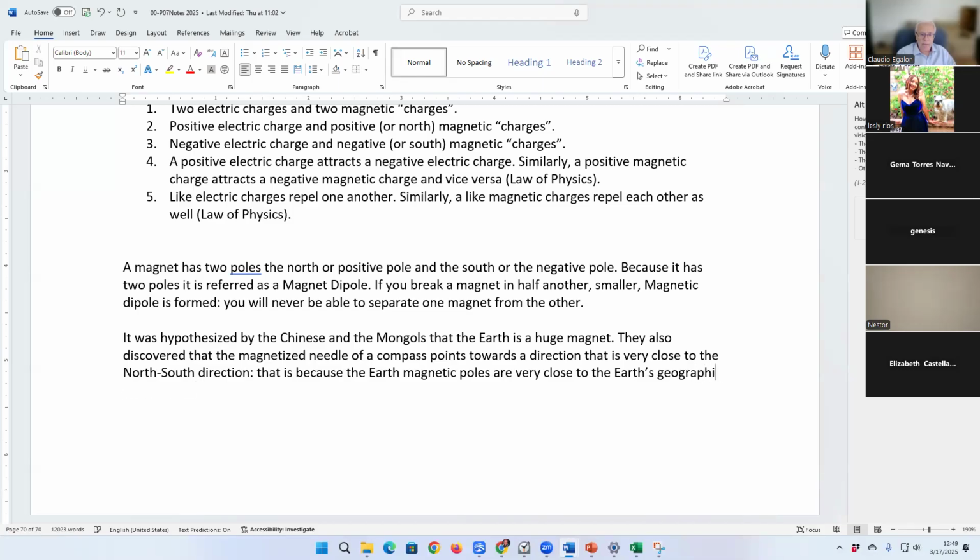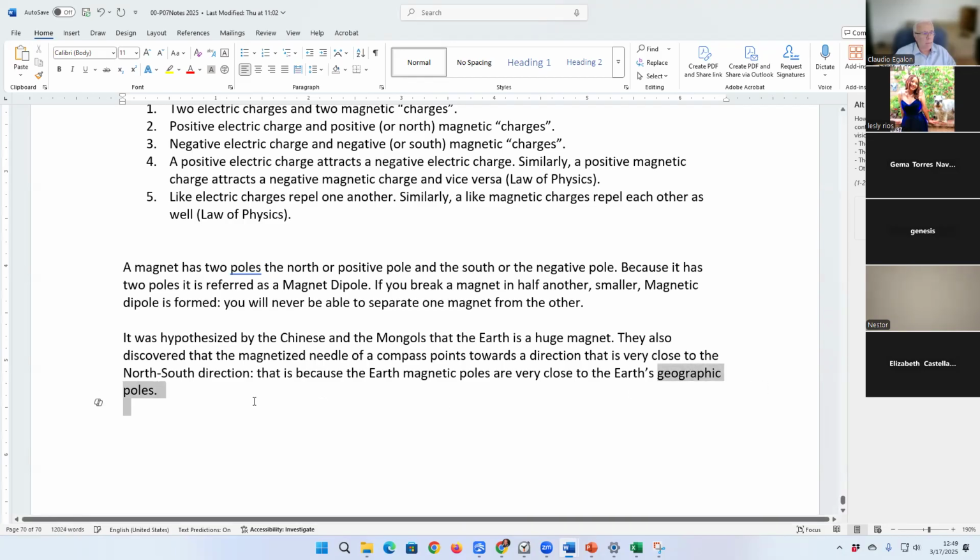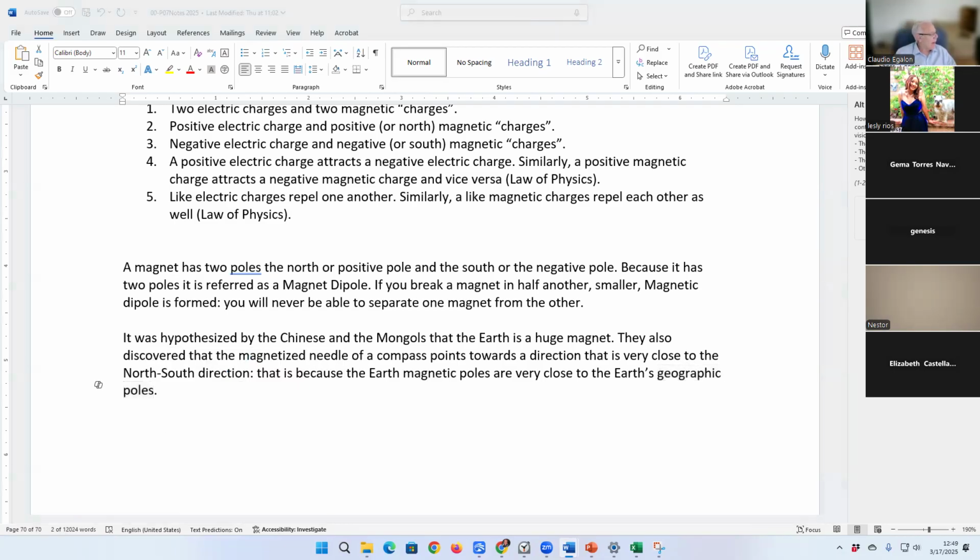And the difference between the magnetic pole and the geographic pole, right? The geographic poles are the points where the axis of rotation of the Earth intersects the surface of the Earth. Okay.